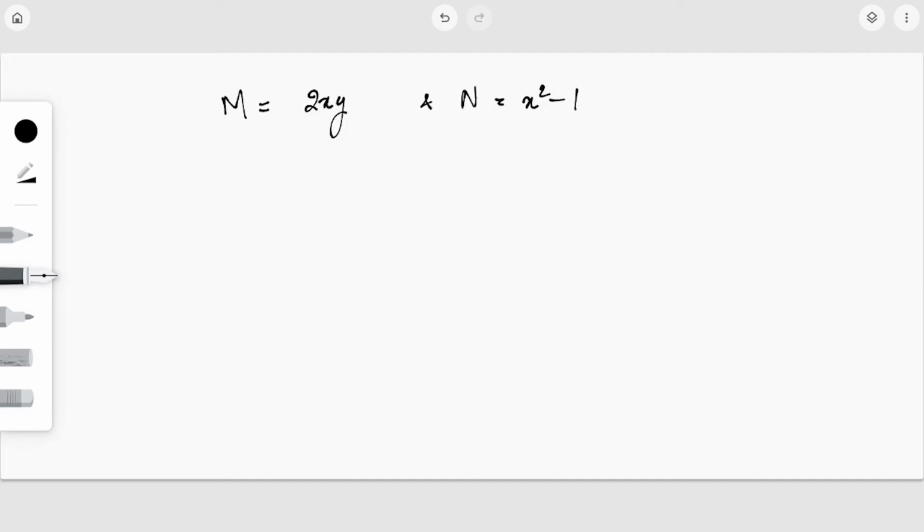The solution is: integrate M with respect to x, keeping y as a constant. Here 2y is a constant, so the integration of x is x square by 2.